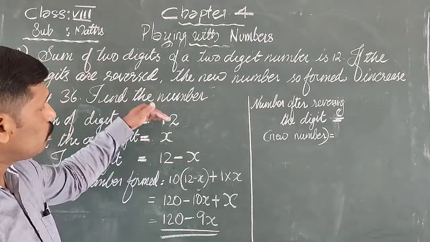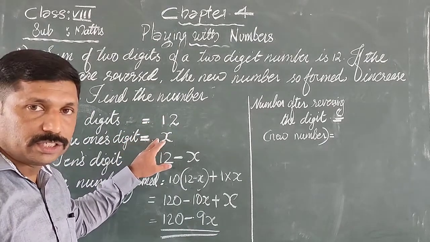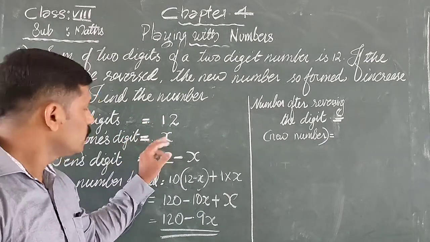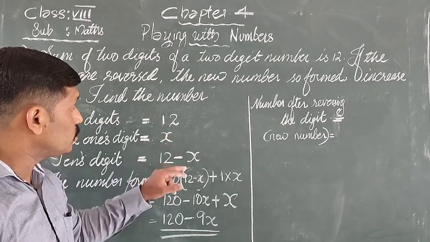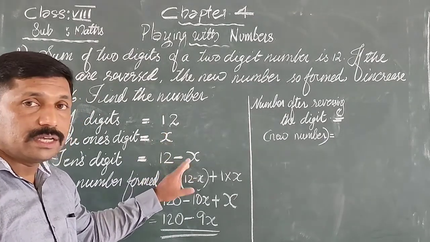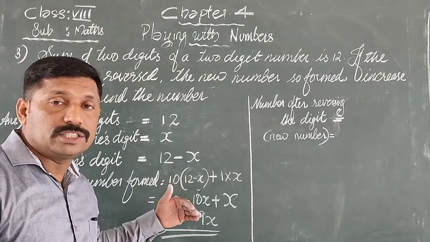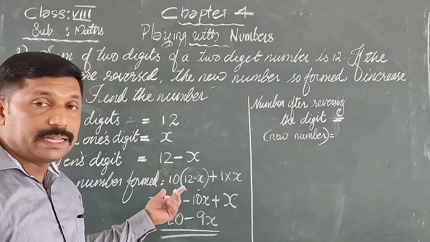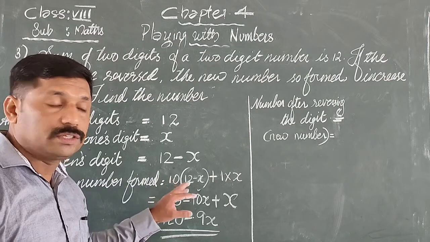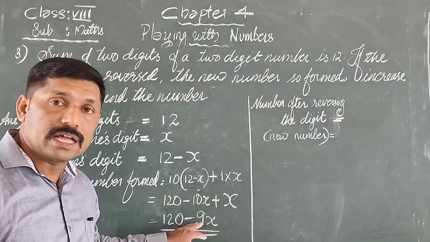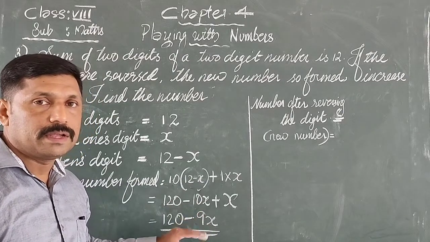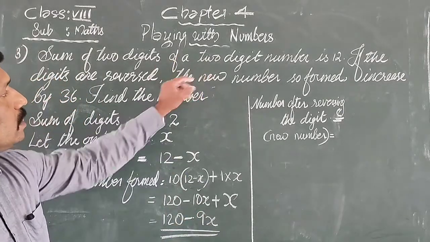Okay. So first of all we assumed the ones digit as x, and the tens digit we found on the basis of the ones digit and the sum, 12 minus x. Then after getting the ones digit and tens digit, we made the number by multiplying each digit with its place value. Then we got 120 minus 9x. This is the original number. And then what is told in the question?